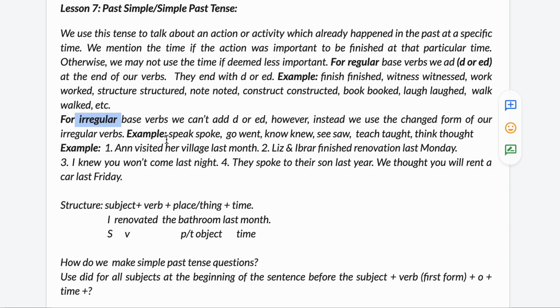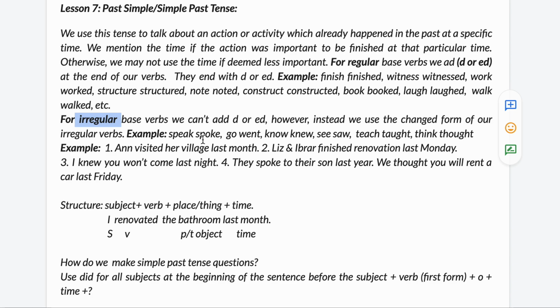Those verbs that we have here, if they're regular verbs, when we use them in simple past, we use D or ED at the very end of those verbs to talk about a simple past activity. But if those verbs are irregular, they're not going to take D or ED, but instead we will use their changed form of the verb.